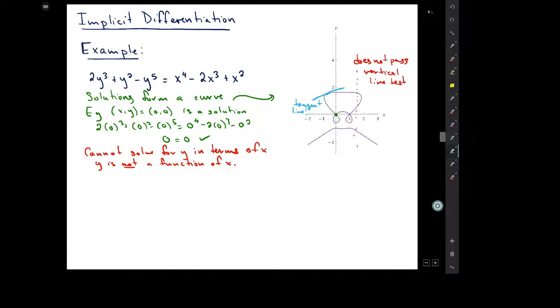And in order to take derivatives, e.g. to find tangent lines, we treat y as a function of x.